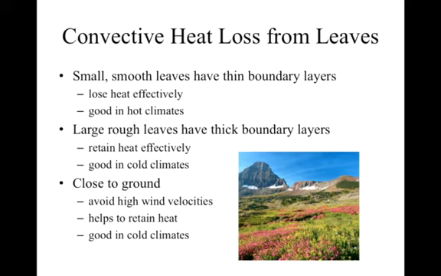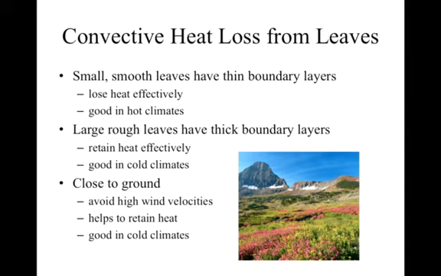And so you frequently find small, smooth leaves in hot climates where the plant wants to lose heat. The opposite scenario: large, rough leaves have a thick, rugged layer that traps the air, so they retain heat effectively because they slow that movement down and lower the rate of convective heat loss. And so that tends to be good in cold climates.